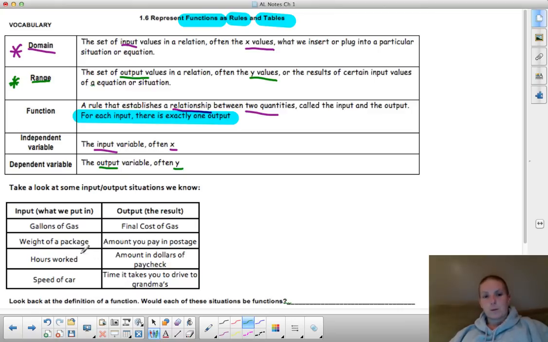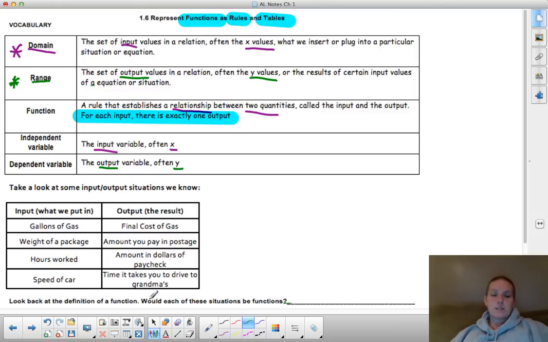The number of hours you work determines the amount of dollars in your paycheck. The speed of your car determines the time it takes you to drive to grandma's. So all of these pieces are relationships, some input-output relationships.